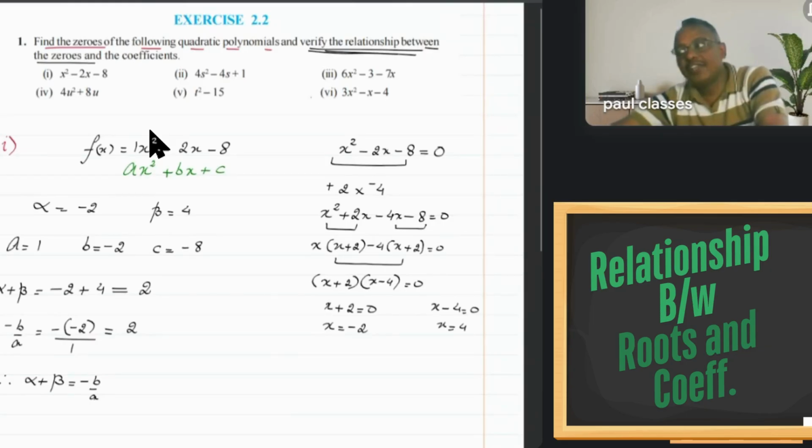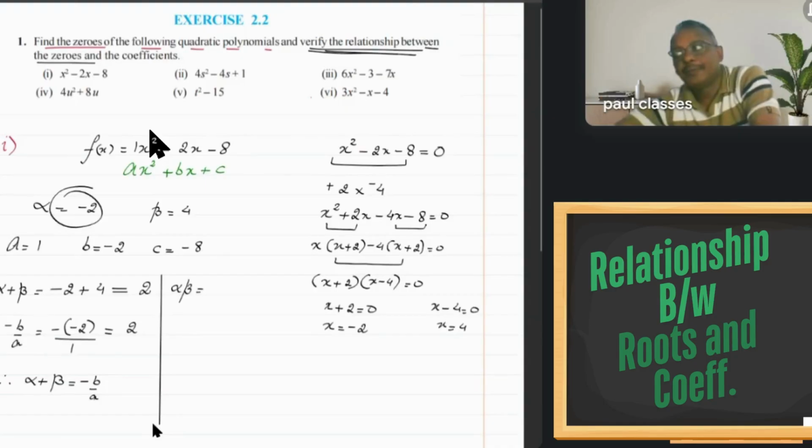What was the other verification that we were asked to do? Find out what is alpha beta. What is alpha? What is beta? Minus 2 into 4, minus 8. What is C upon A? What is C here? Minus 8.